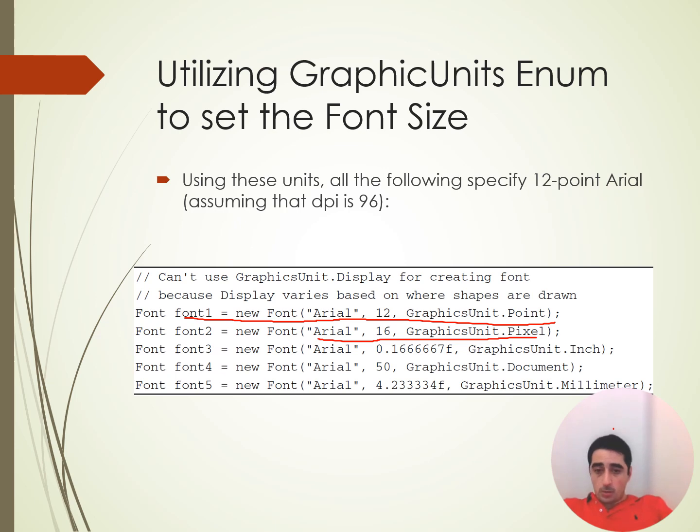then you can basically use graphics unit.inch and define another font with the size equal to 0.1666667, and basically this font will have the same size as the previous two, because if you divide 12 points by 72, you get to this number, 1/6 basically.